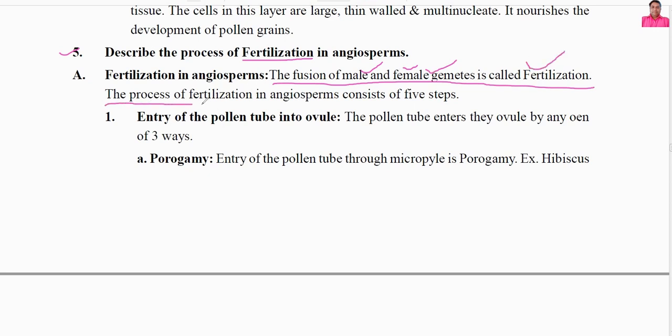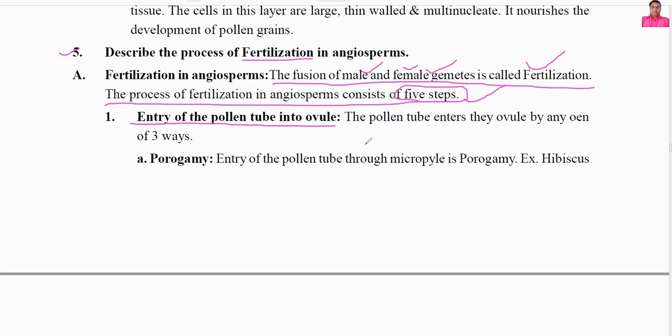The process of fertilization in an angiosperm consists of 5 steps. Number 1, entry of the pollen tube into the ovule.